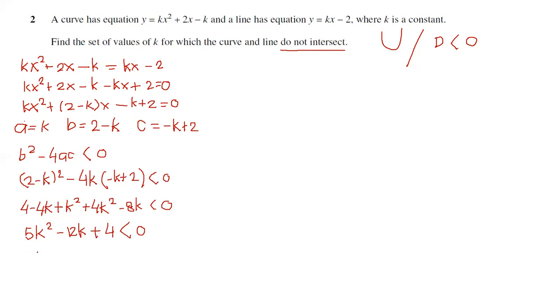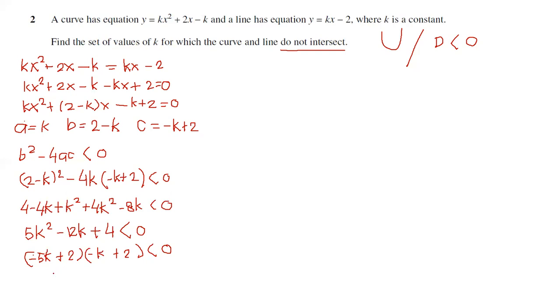And it becomes factorization: (5k minus 2)(k minus 2) here. Okay.